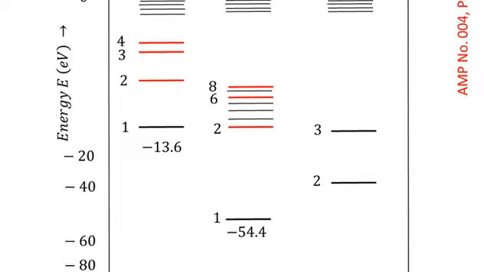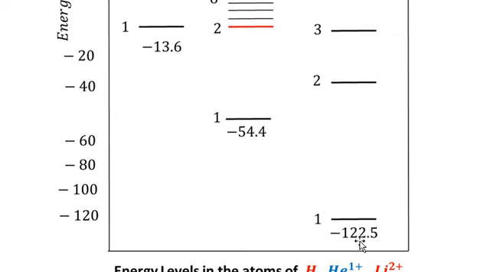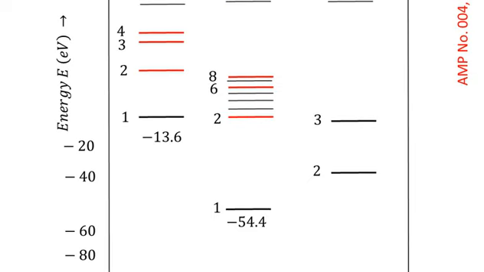And for the doubly ionized lithium atom, the binding energy of the closest electron is minus 122.5. These are the binding energies of the closest electron, in the closest orbit to the nucleus, for the hydrogen atom, the helium atom, and the lithium atom.